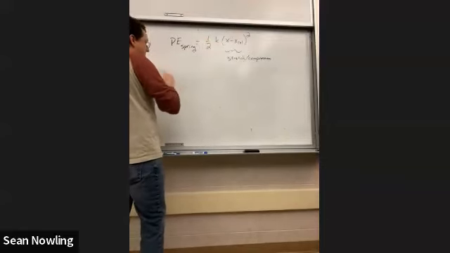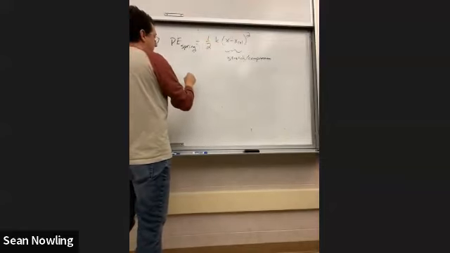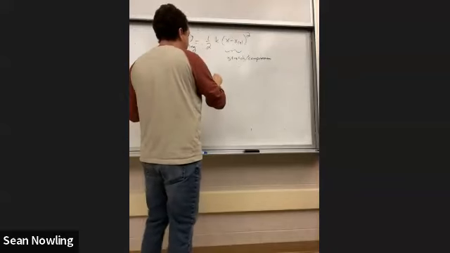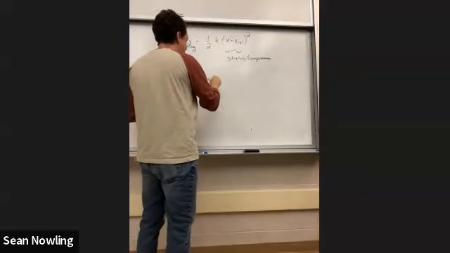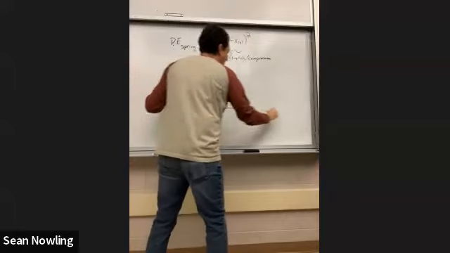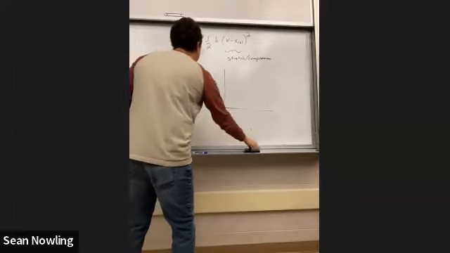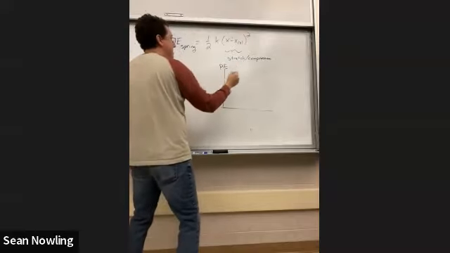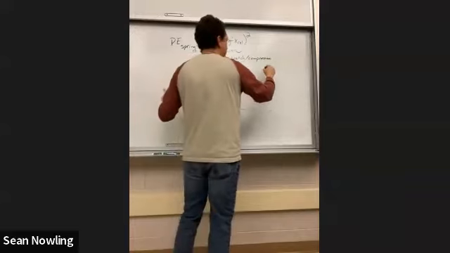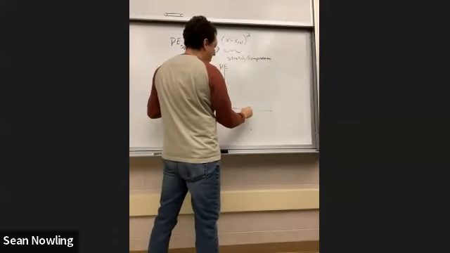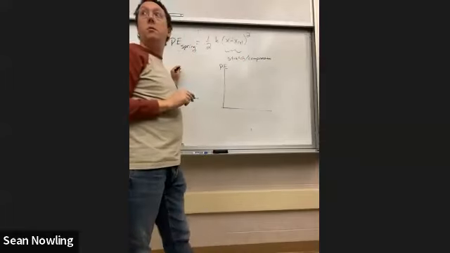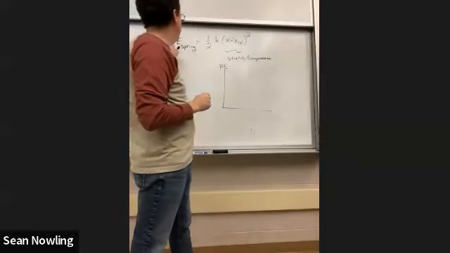So what would this look like if I were to graph the potential energy due to a spring? Where would the potential energy for a spring be zero?